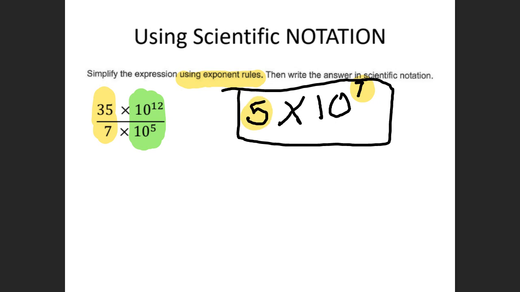Where is the decimal? It's behind the 5, which means 5 is a single non-zero digit to the left of that decimal point. Are there any questions?